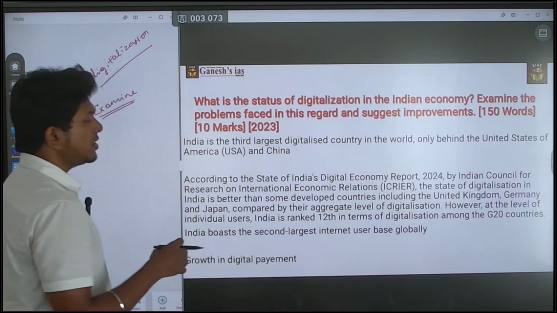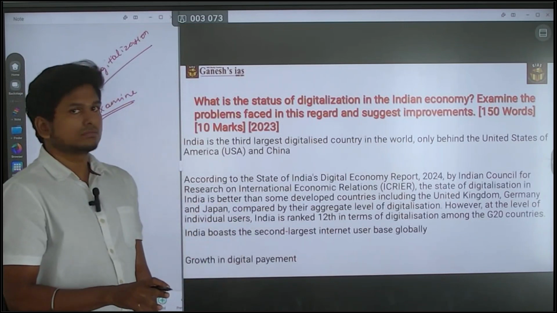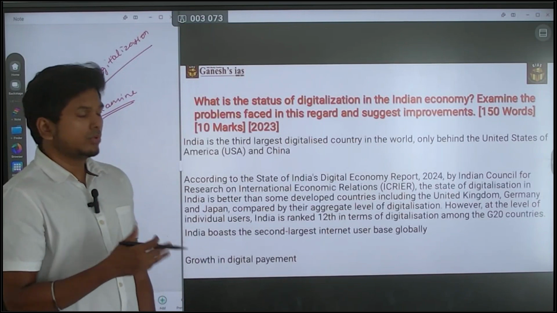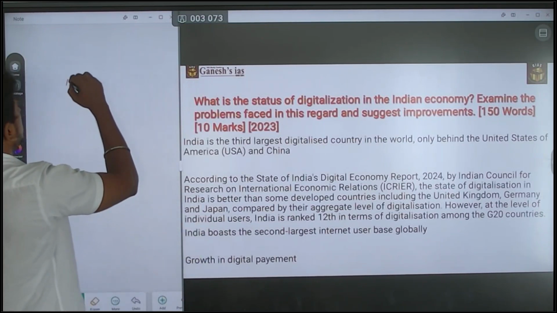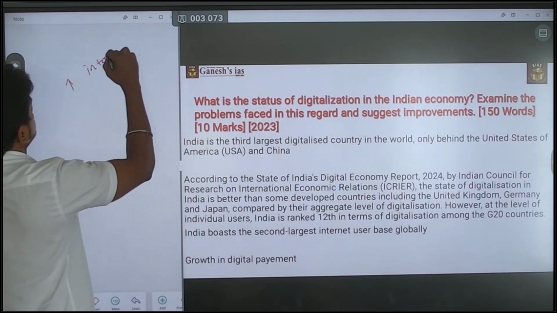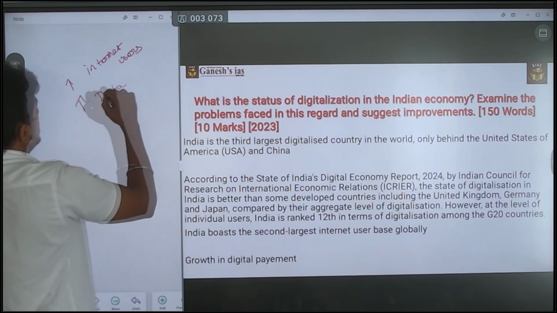Other than that, consider that you don't know anything about this. But I need to address this question. What can I do? Here the answer is, you can say that there is an increase in internet users, an increase in smartphone usage.